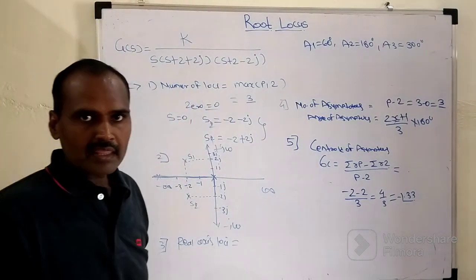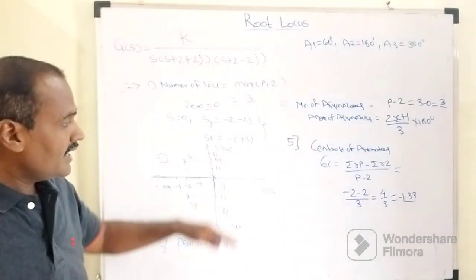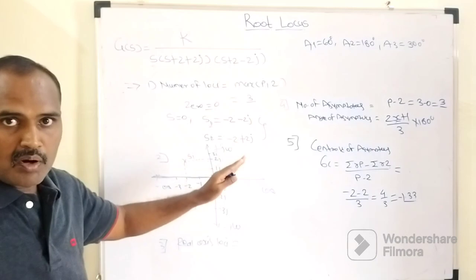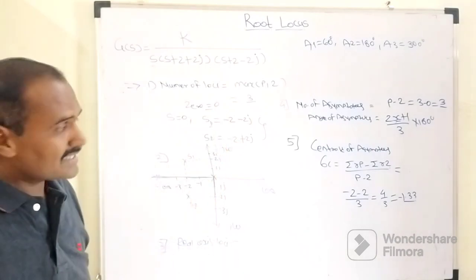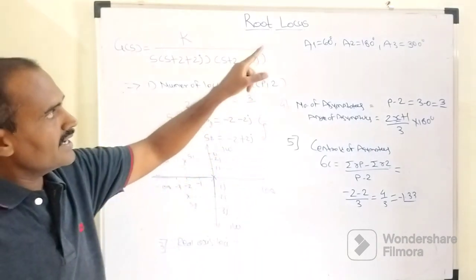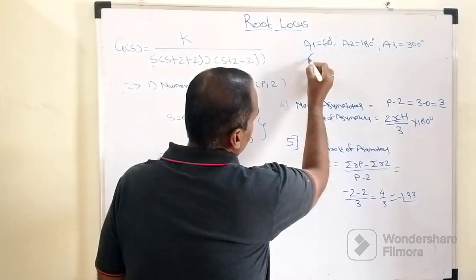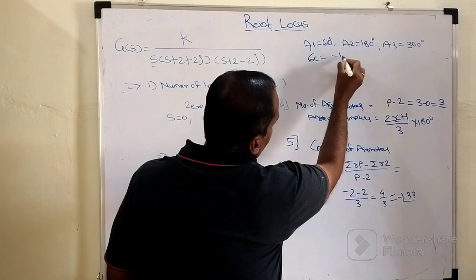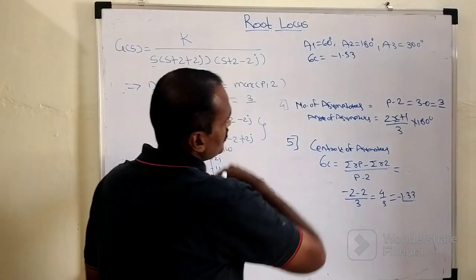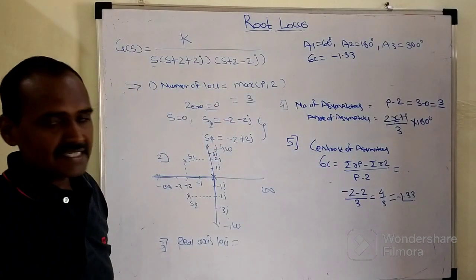So this will be the intersection on the real axis for plotting the angles of asymptotes, which are 60 degrees, 180 degrees and 300 degrees. So here I will write sigma c equals minus 1.33, which is tabulated from design step number 5.